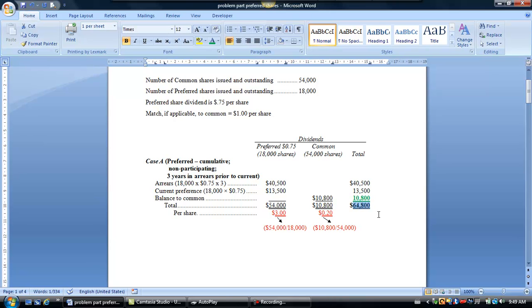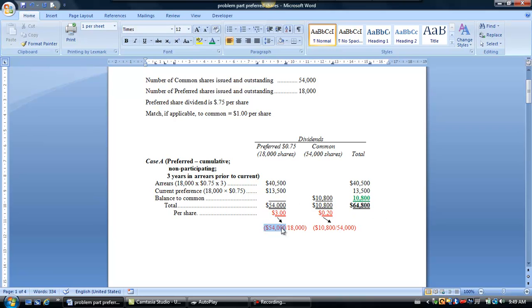Now, the question also asked you to calculate the amount of per share dividends payable on the common and preferred. To be honest, I'm not really sure of the significance or why they asked you to do it in each case, but in any case, how would we do it? Well, I'm calculating a per share dividend on the preferred of $3 a share. How am I going to get that? I know that the total amount of dividends that the preferred shareholders got was 54,000, and the total number of shares issued and outstanding is 18,000.